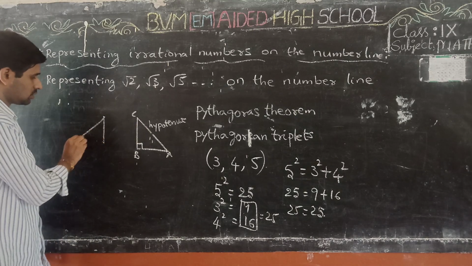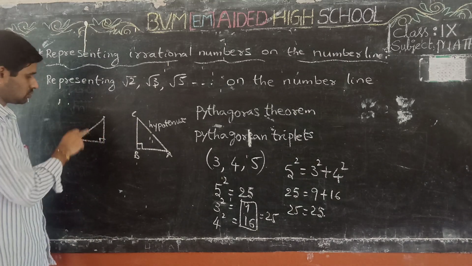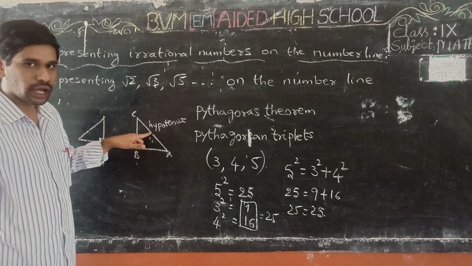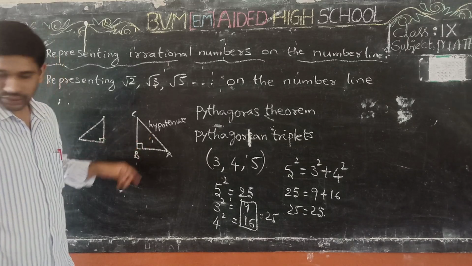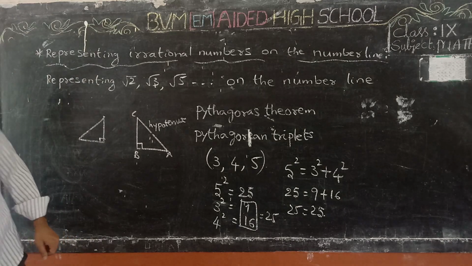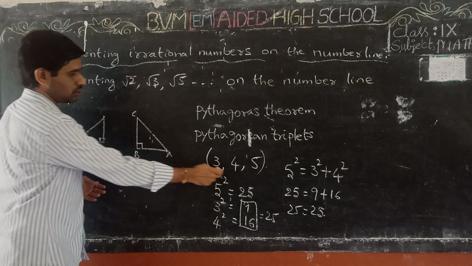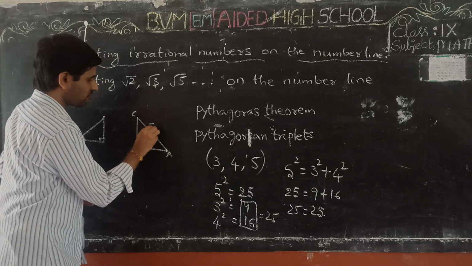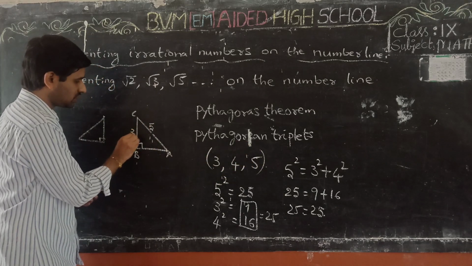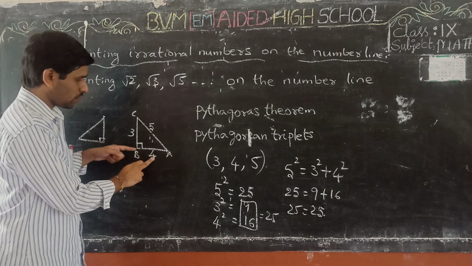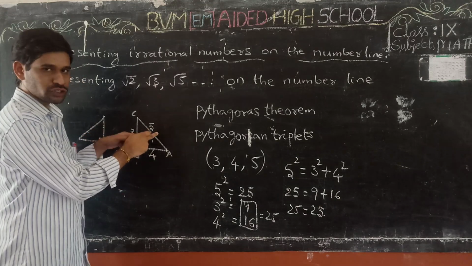You can take a right angle triangle like this also. The side opposite to the right angle is called the hypotenuse. This is the longest side. So using Pythagorean triplets, if this is 5 centimeters, this will be 3 centimeters and this will be 4 centimeters. So 4 square plus 3 square gives 5 square.